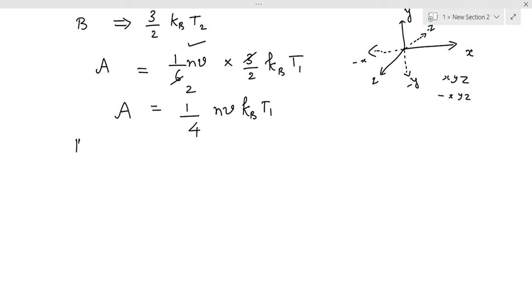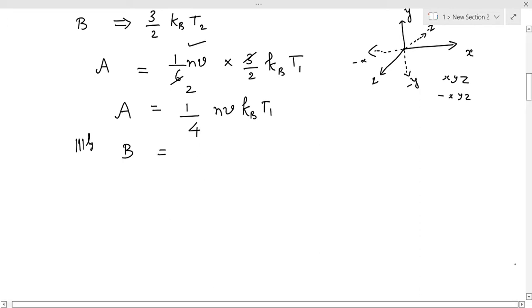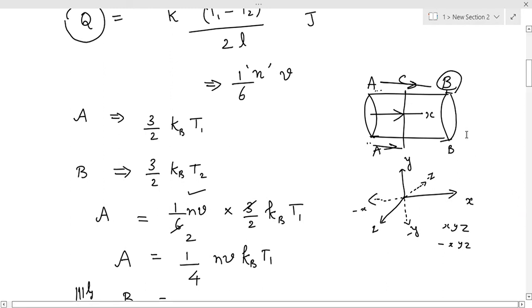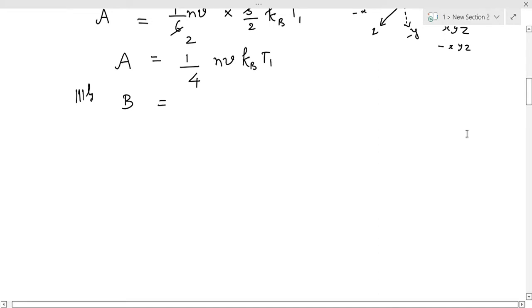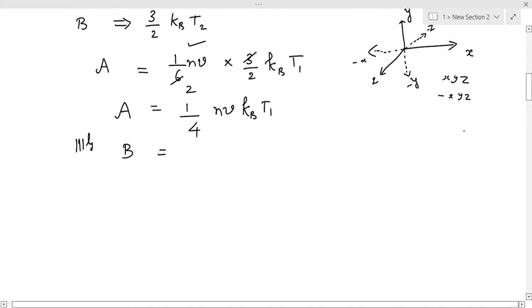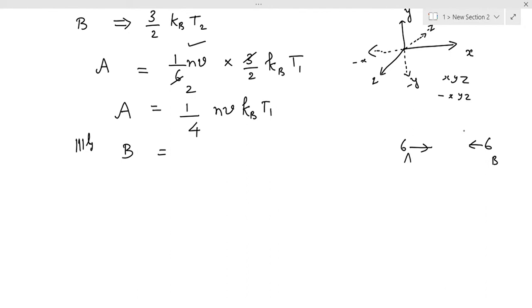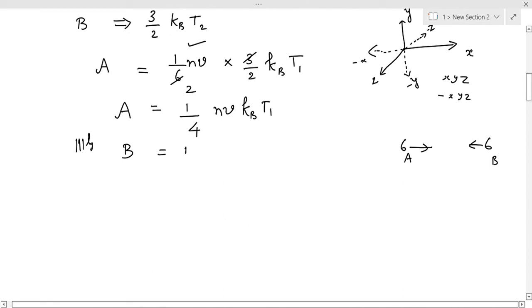Similarly, at end B, the electrons are in the requirement of the energy. So, how many electrons will take up the same? For example, if 6 electrons are giving energy, the 6 electrons will receive energy from the end B. If 6 electrons have excess energy, they will give the excess energy to the 6 electrons from B. Therefore, this will also be 1 by 6 nv.